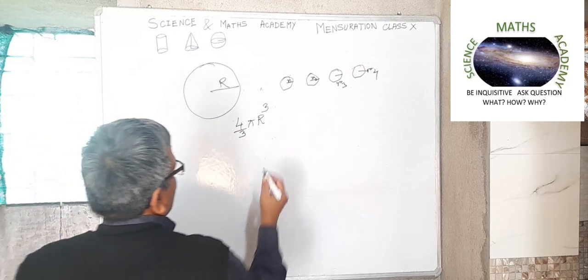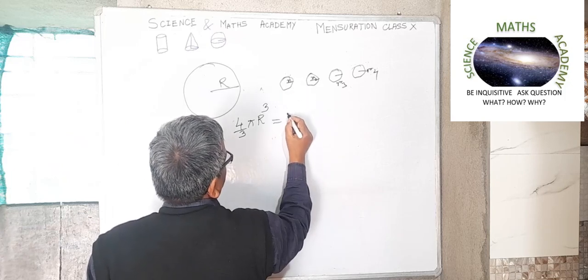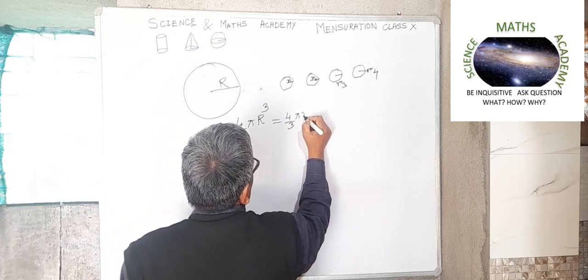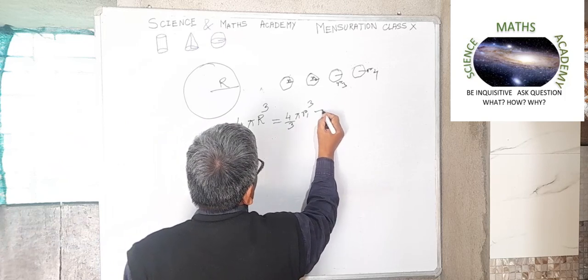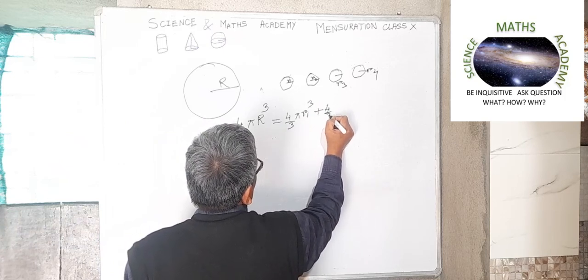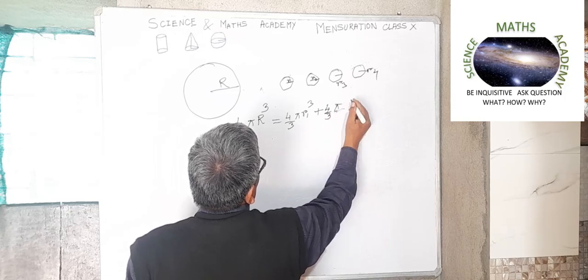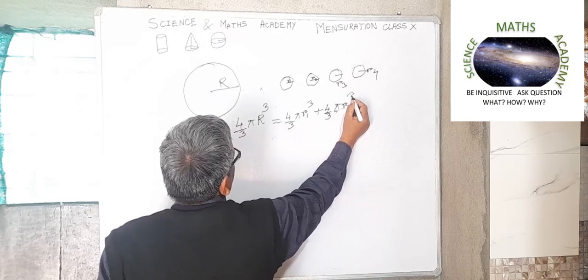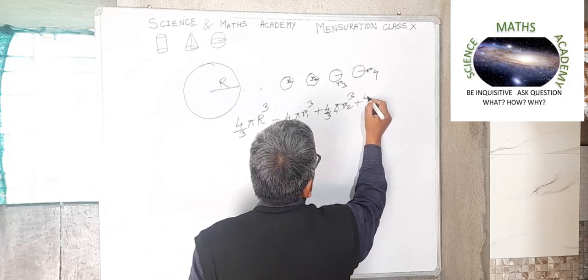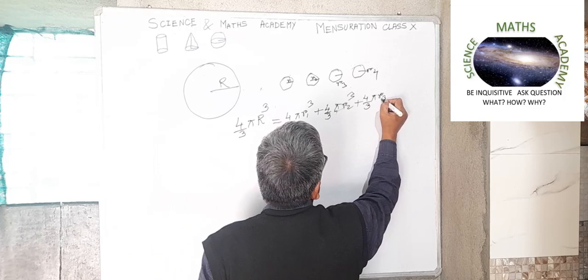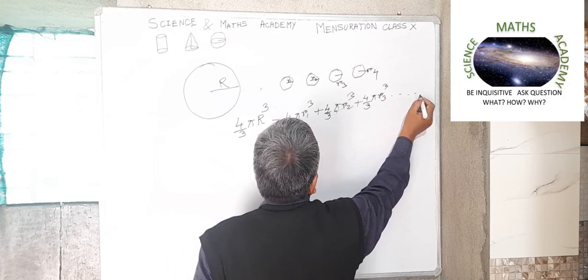Okay, and the volume will be 4/3 pi R1 cube plus 4/3 pi R2 cube plus 4/3 pi R3 cube, like dot.